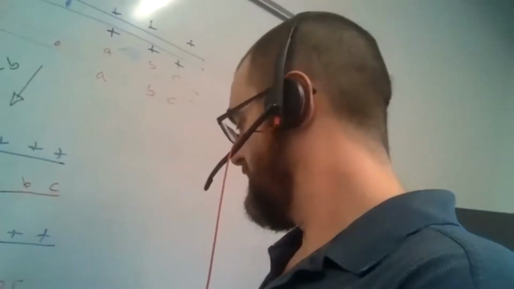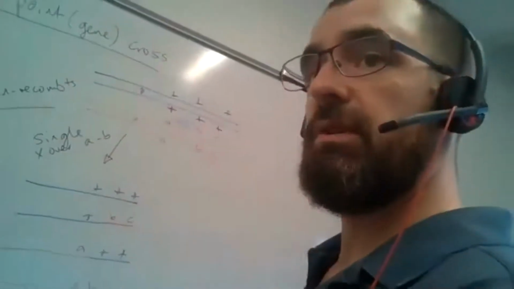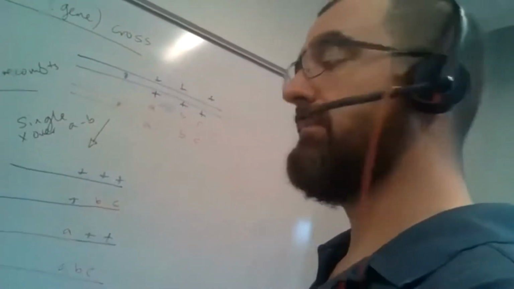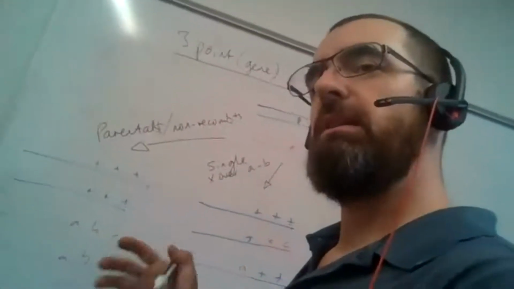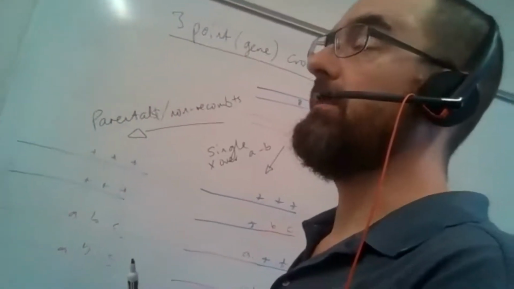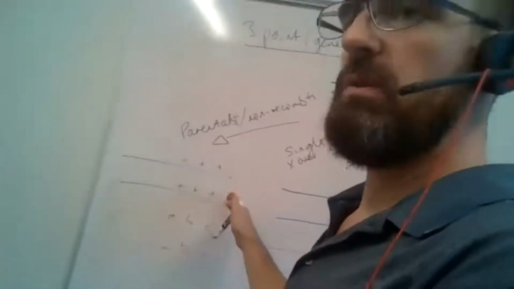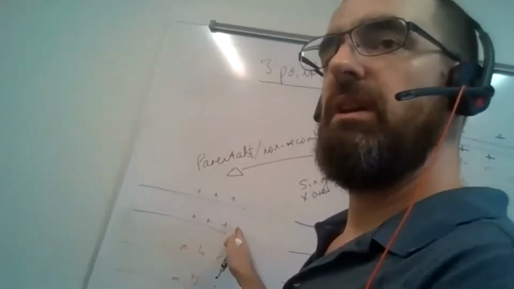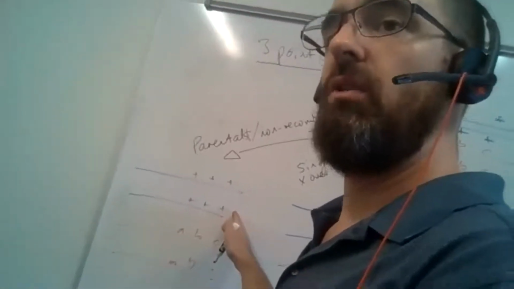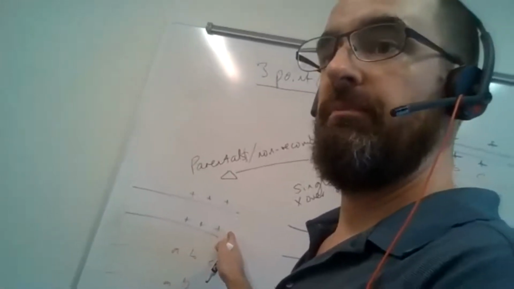Now, you can also have a single crossover between B and C. Again, this is all just random chance. In the first one, it's simply that recombination has occurred outside of the things that we're looking at.